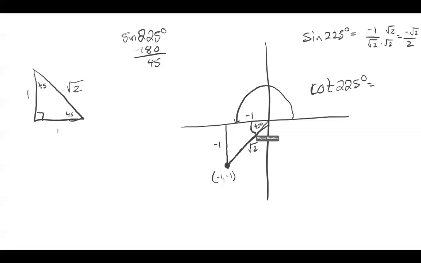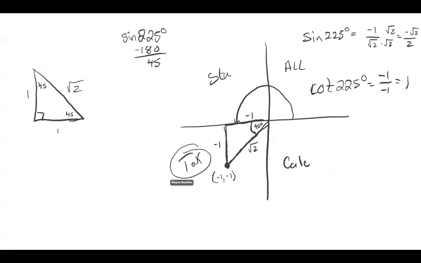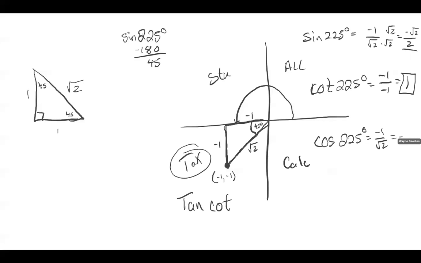So if we're looking at this angle, we're going to talk about this side over this side, -1 over -1, which is 1. Again, all students take calculus. Tangent and its cousin cotangent are positive, and that's why this is a +1 and this one is a negative square root of 2. And one other thing you're going to notice about this is cosine of 225 is also -1 over square root of 2, which is going to give you negative square root of 2 over 2.